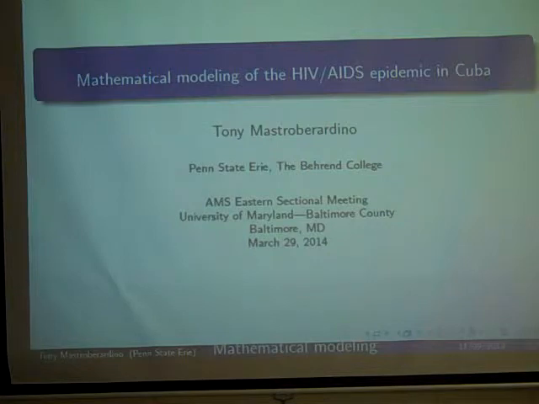Part of the workshop is for all the participants to work on a project. There were about a half dozen projects. The one that I picked was modeling the HIV/AIDS epidemic in Cuba. And it's actually a project that's listed in a SciAm book called Quantitative Methods in Math Biology by DeVries and others.